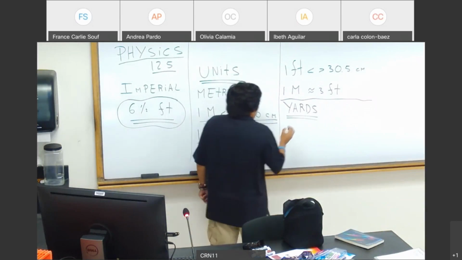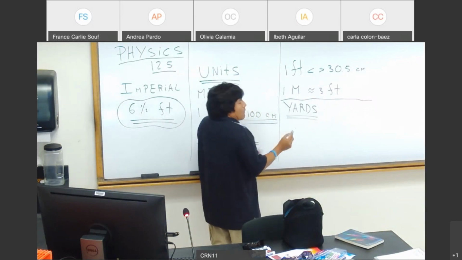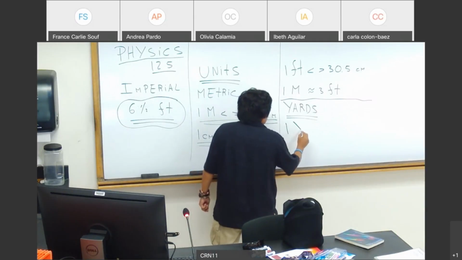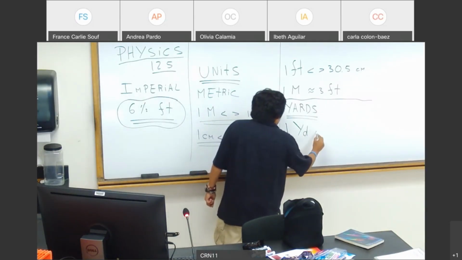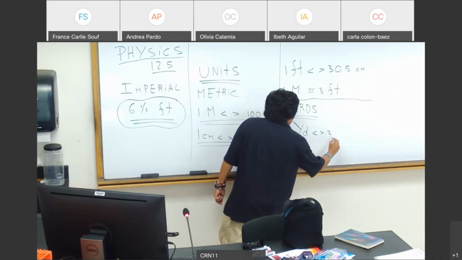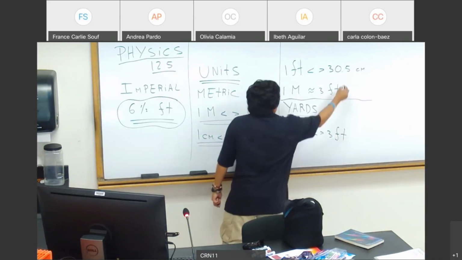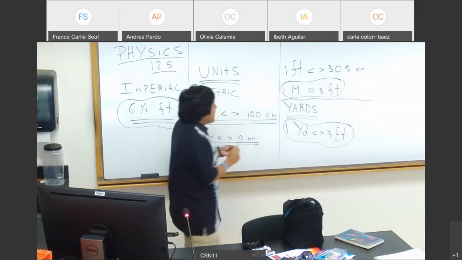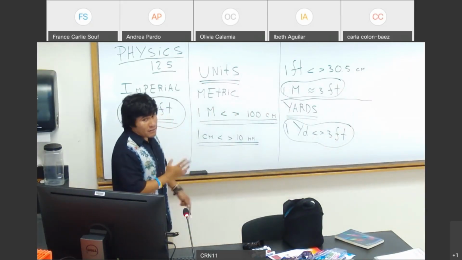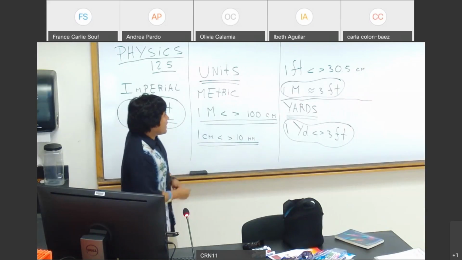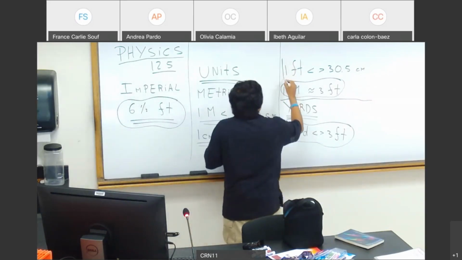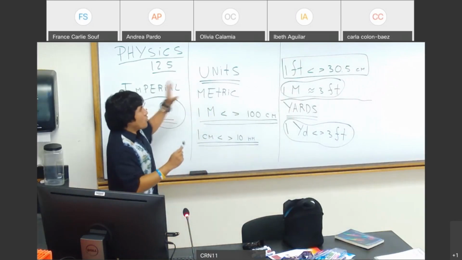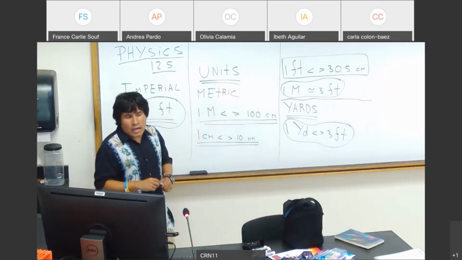So normally, that can be assumed to be almost 100 meters, because 1 yard is exactly 3 feet. So using this and this, we can approximate a meter to be approximately 1 yard. It's not exactly the same because of this. But that's how you go from imperial to the metric system.